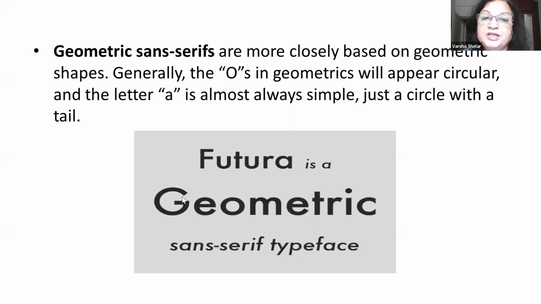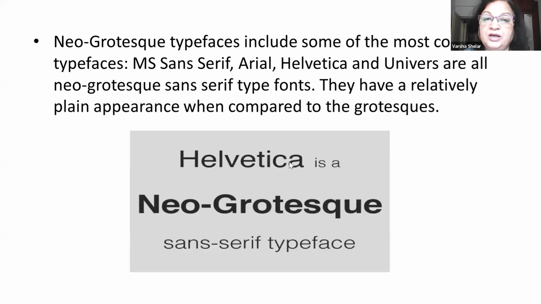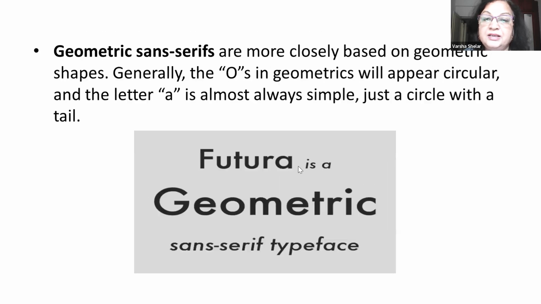It's basically inspired by geometry, so easy to design and easy on the eye. Very simple. You look at the difference between the A of this and the A of this. See the A here in Helvetica and the A here in Futura.